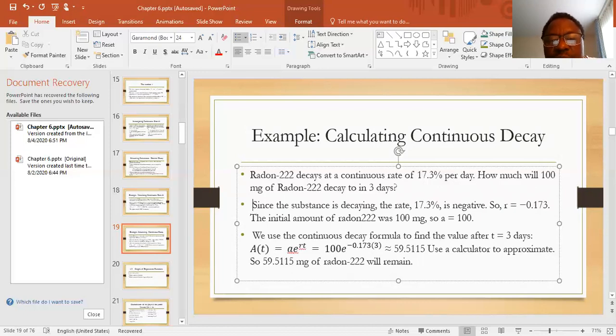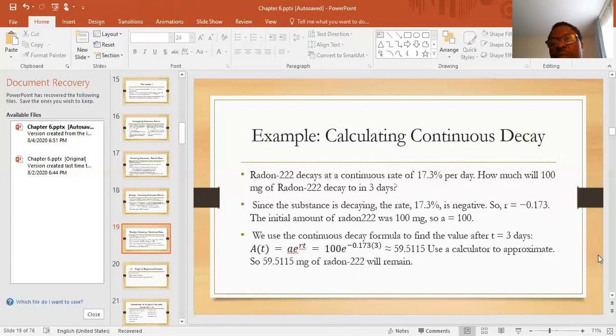So 59.5115 milligrams of radon 222 will remain after 3 days. In each of these problems, we want to pay attention to the information we have to know what the rate of growth or decay is, and any other information we may be given in the problem to determine the second point, which is useful in defining the exponential function formula.